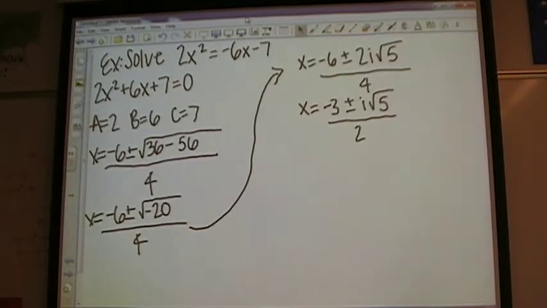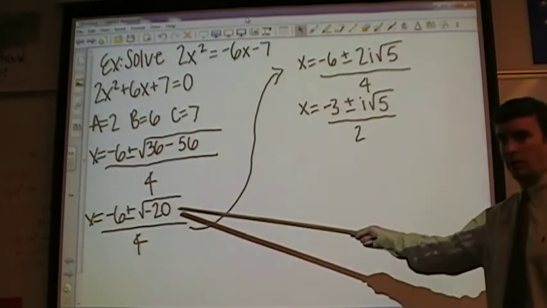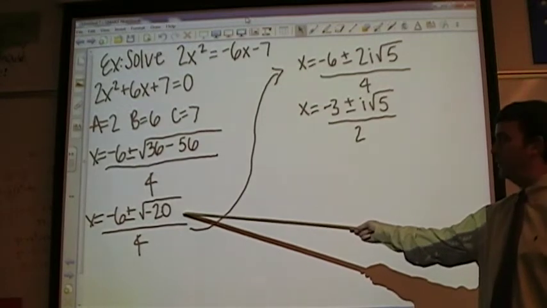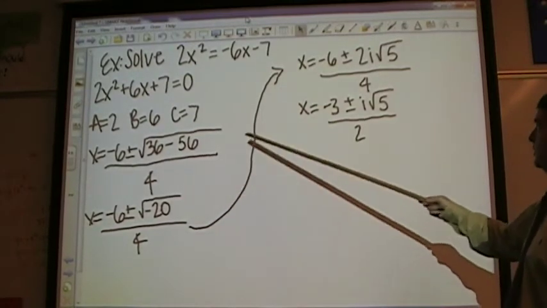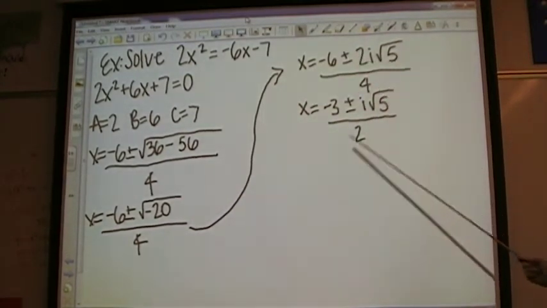Negative b plus or minus square root. B squared is 36. Minus 4 times a times c would be minus 56. All divided by 2 times a, which is 4. The 36 minus 56 becomes minus 20 inside the radical. Simplify the square root of negative 20 to 2i root 5.